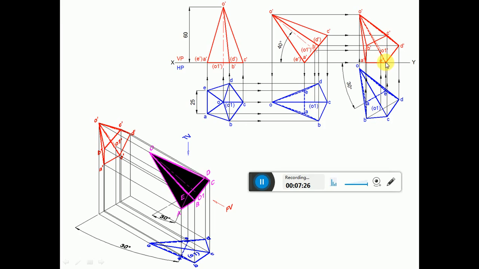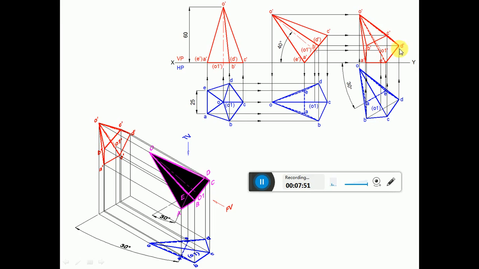If you see here, O dash E dash, as a continuous thin line, is crossing the line B dash C dash. Since B dash C dash is a visible edge, O dash E dash will become invisible, because two visible edges can never cross each other. So you make this line a dotted line.